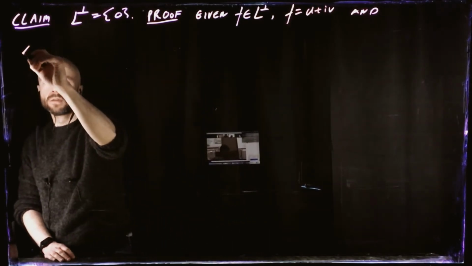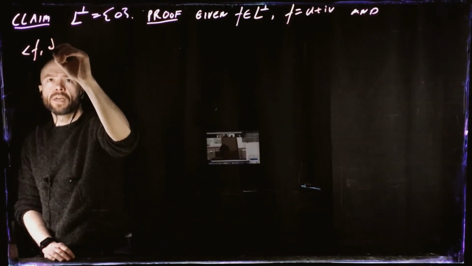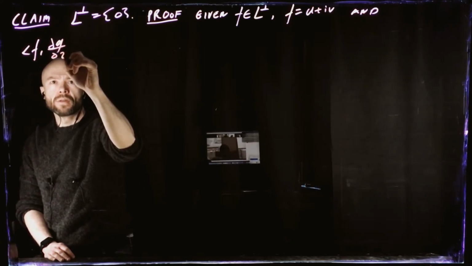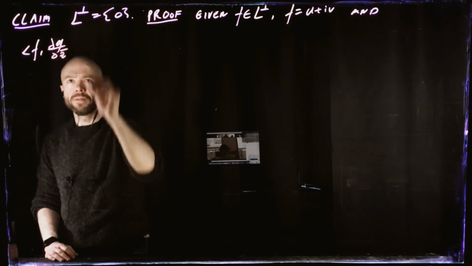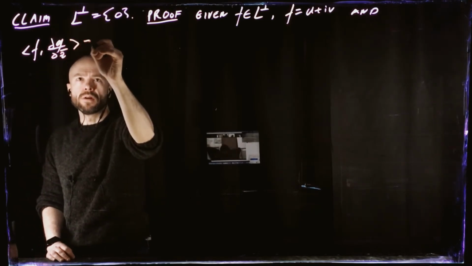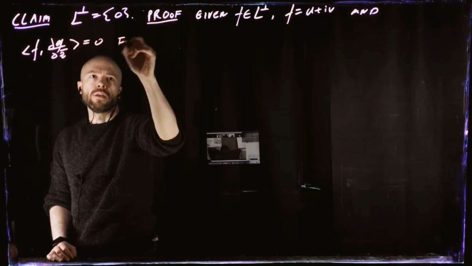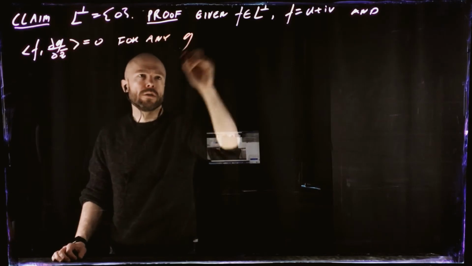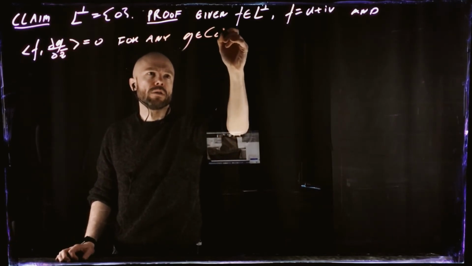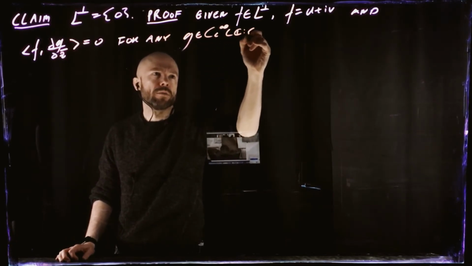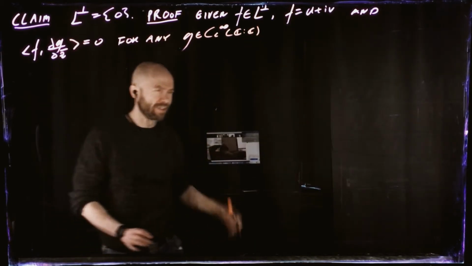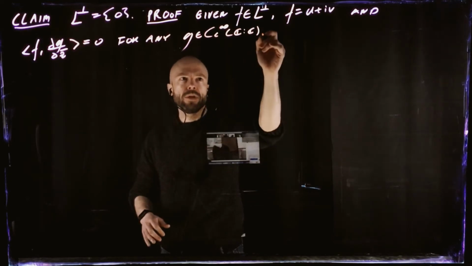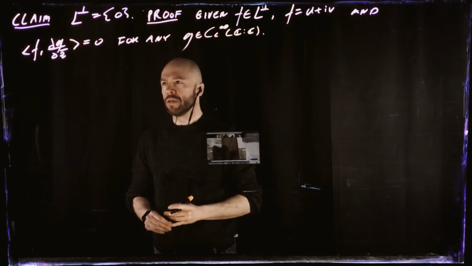That means that the inner product of f with something which we get from the anticonformal part of the gradient of g is equal to 0, for any g which is compactly supported C-infinity from complex numbers to complex numbers. This is our claim. Now we are going to use this in the following way.